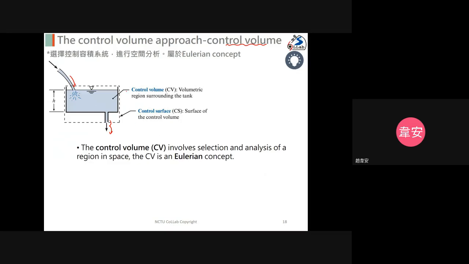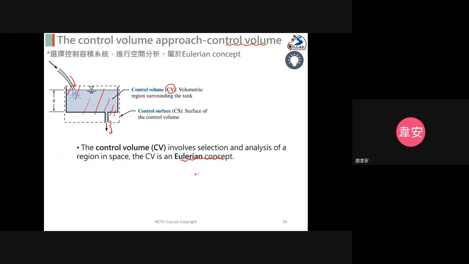And because we fix the control volume here, the idea is based on the Eulerian concept. What is the Eulerian concept? In the Eulerian concept, we fix the point and we see what happens at this point.